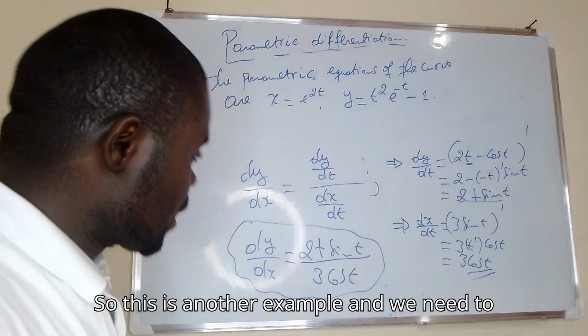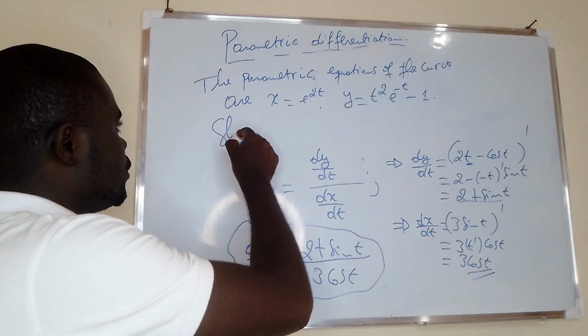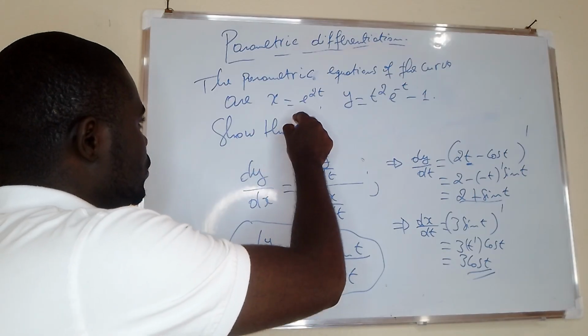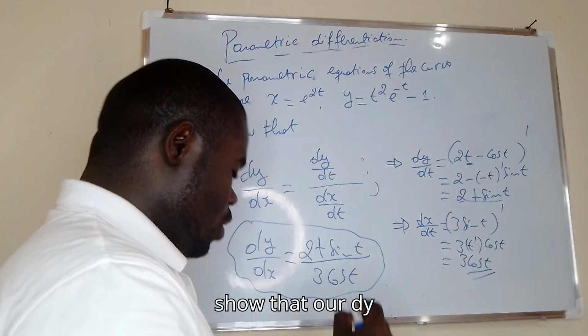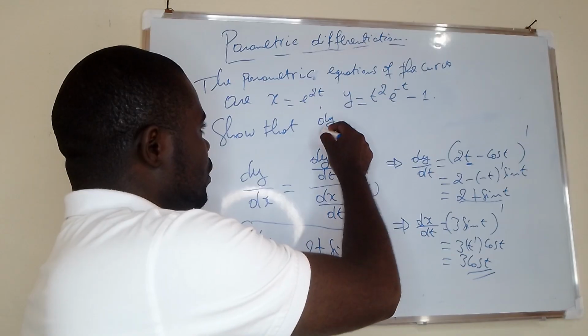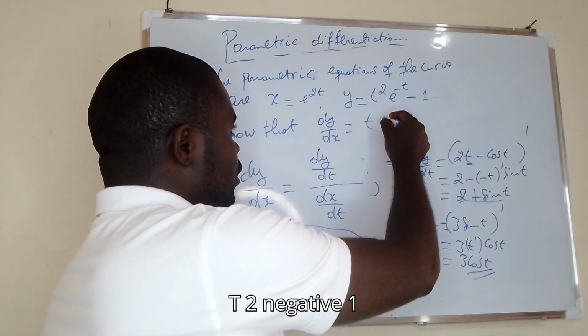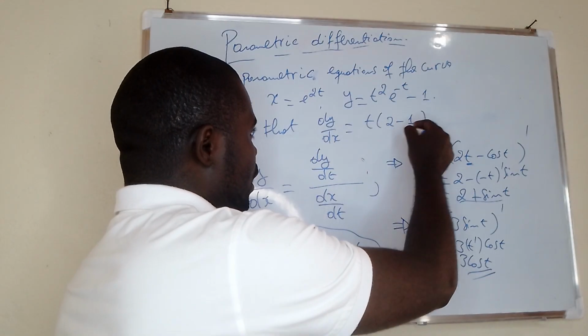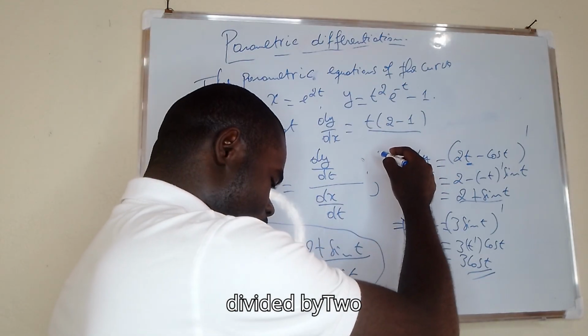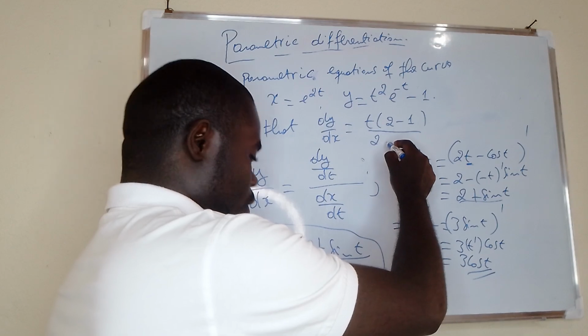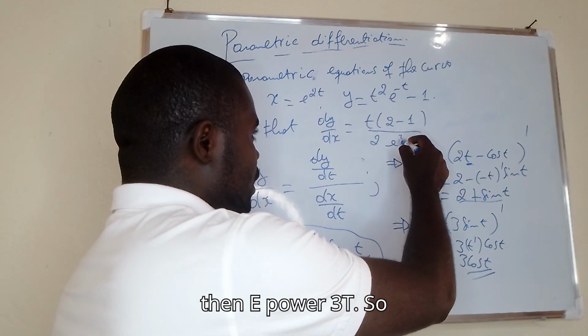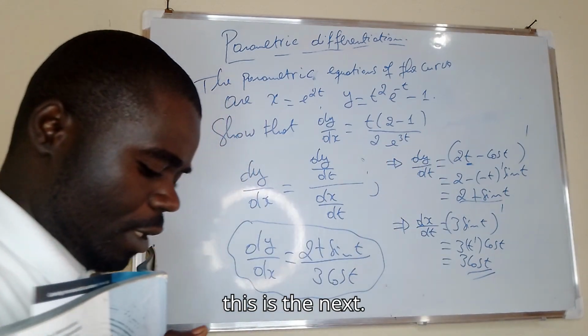So this is another example, and we need to show that dy/dx is equal to (t² − 1)/(2 e^(3t)).